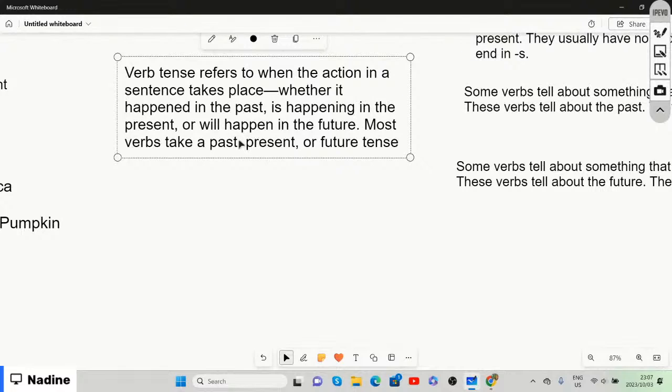So if we are thinking of an example of something happening now in the present, we can basically say that you are watching or you are listening, I am talking. If you are typing, then you are typing. That is something that you are doing now.